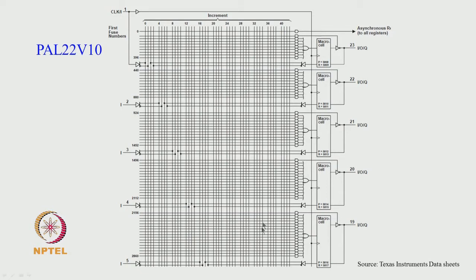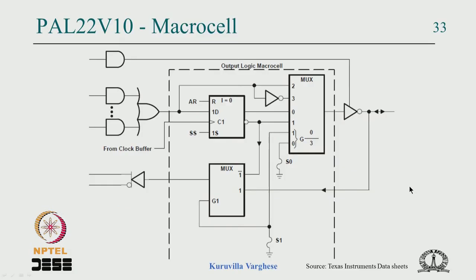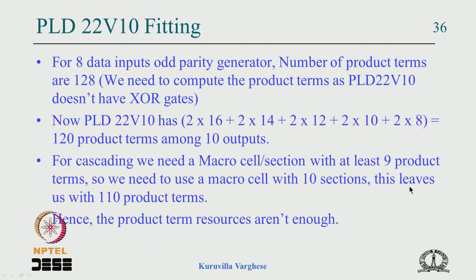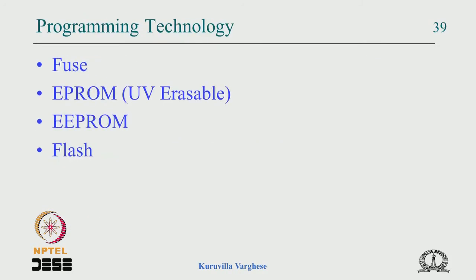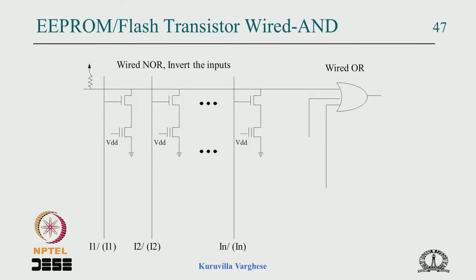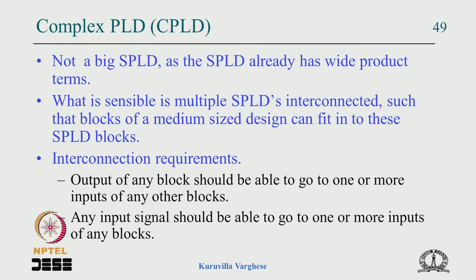But what makes sense is maybe replication of these kind of 22V10 structures which are interconnected, okay. So that is what a complex PLD is, that simple PLD sections are interconnected.